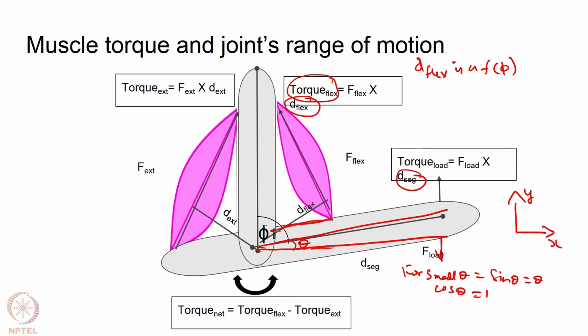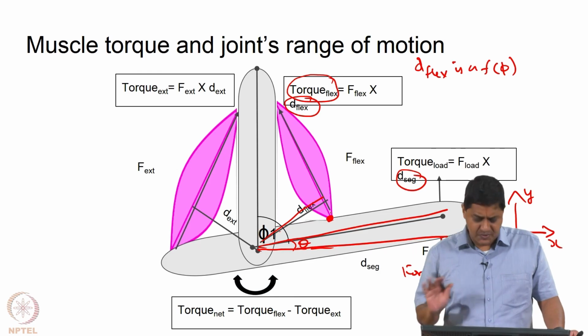What is going to change is phi and essentially the momentum, but this point itself does not change, right. And essentially the relationship between d_flex and d_seg will remain such that the muscle force is usually a very large number when compared with the load. This is the usual case.